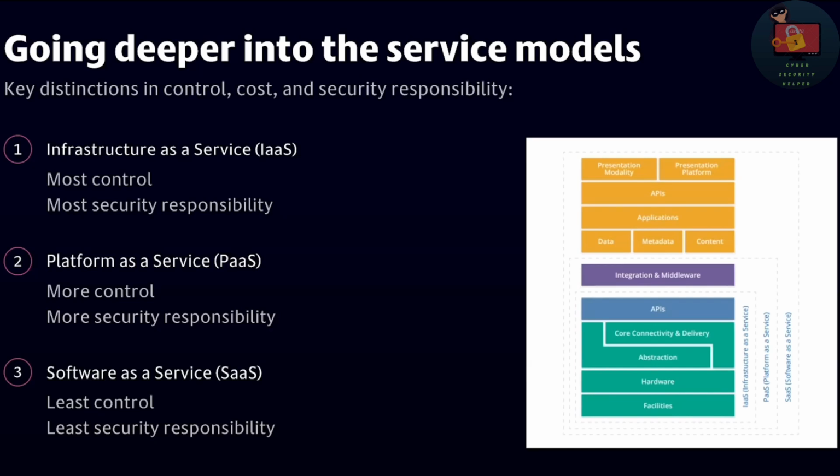Now, although you have the most control, you also have the most security responsibility. The cloud provider is accountable for the facilities themselves, maintaining the hardware, ensuring that the utilities work, that all the devices are patched in accordance to any security flaws that pop up. Now, that layer comes with the greatest amount of responsibility.